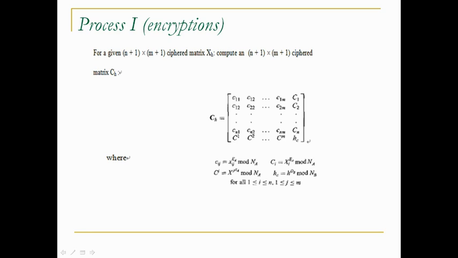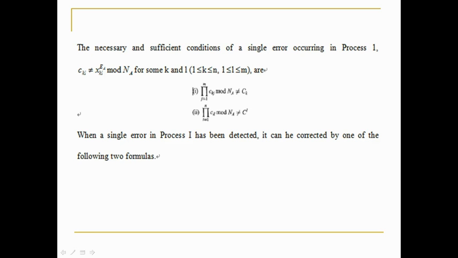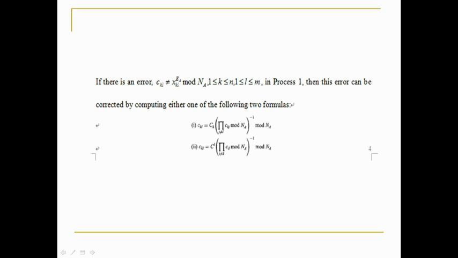So the necessary and sufficient condition of a single error occurring in process 1 are listed here. When a single error in process 1 has been detected, it can be corrected by one of the following two formulas.